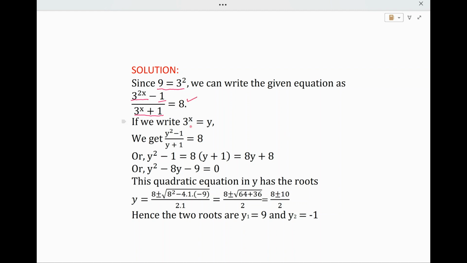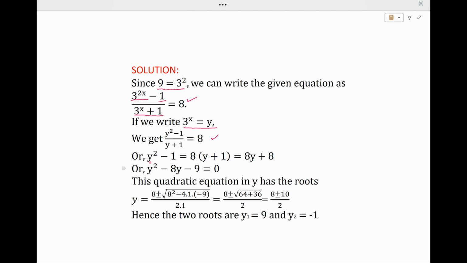If we write 3 to the power x is equal to y, and we substitute this value in the previous equation, we get (y squared minus 1) divided by (y plus 1) is equal to 8.